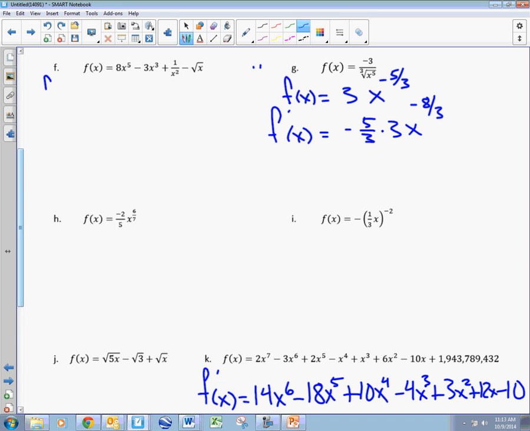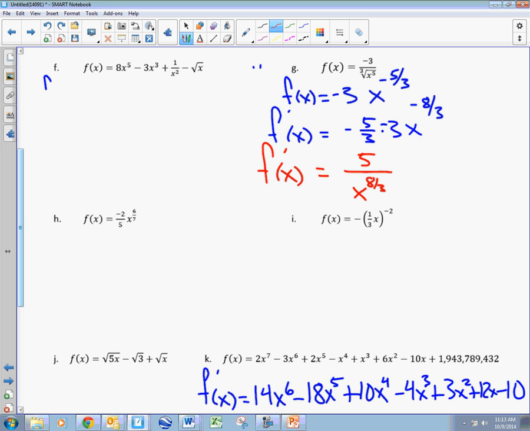Oh, I never wrote the negative to begin with. I'm sorry. Thank you. So negative times a negative, a positive, and you see that the 3's will cancel. So what are you left with in the numerator? 5 over x to the 8 thirds.